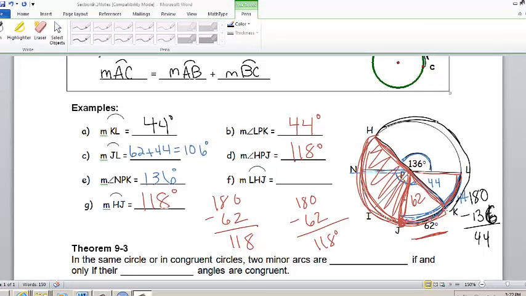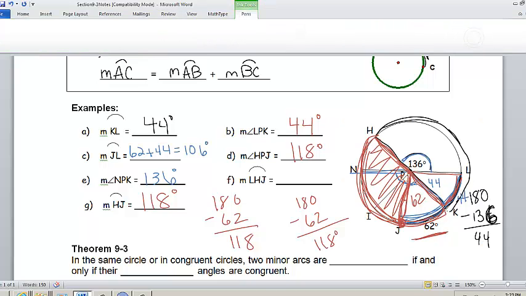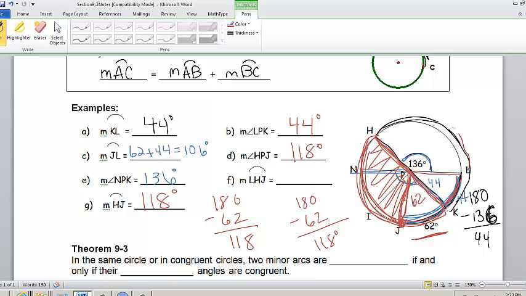Okay, so then to get LHJ, I'm getting a lot going on here. LHJ is almost all the way around the entire circle.